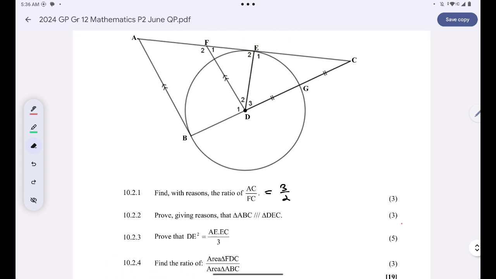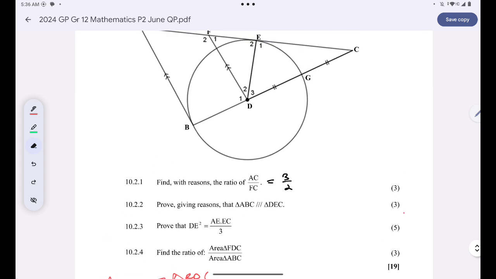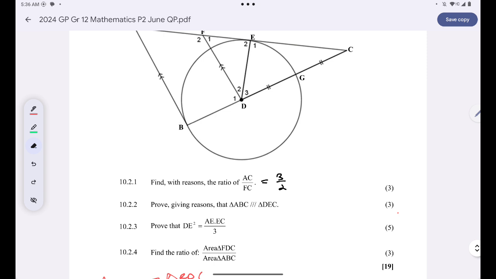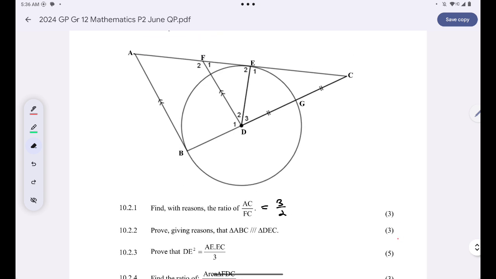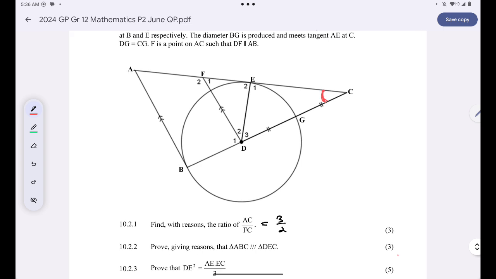Okay, so the area of triangle ABC, excuse me, I can simply take the sine of this angle, right, together, the sine of this angle, and then multiplied by the product of these things.